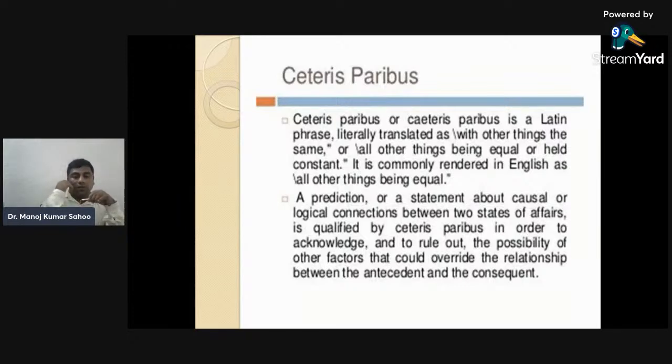Suppose, for example, we take the price and demand concept. There are two variables, one is demand, another is price. To make the relationship between price and demand valid, we have to keep some factors constant. So for that purpose, we take the concept of ceteris paribus. Ceteris paribus means other things remain constant. That is a Latin phrase. Okay.